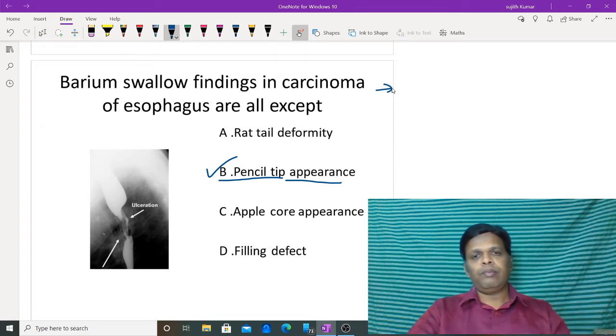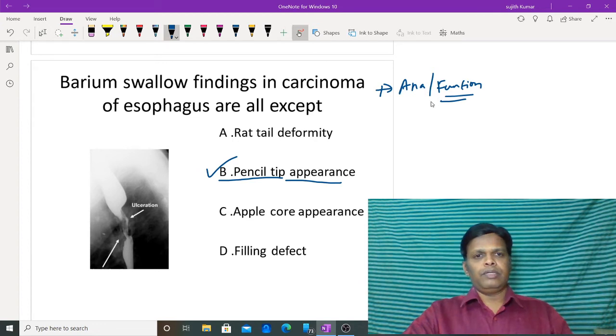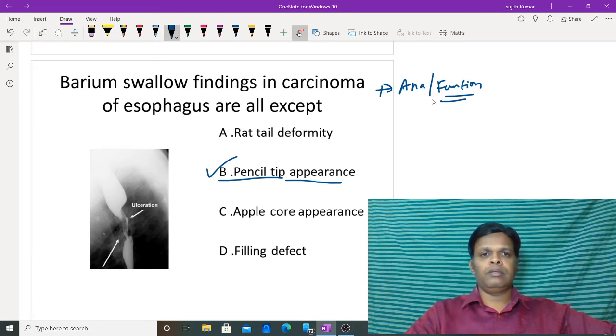It will map out the anatomy as well as the function of the esophagus. That is the main use of barium swallow. It is ideally indicated in all patients presenting with dysphagia, so that will be the first investigation of choice.